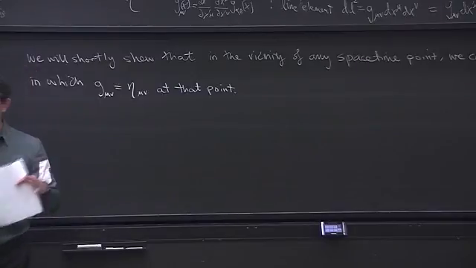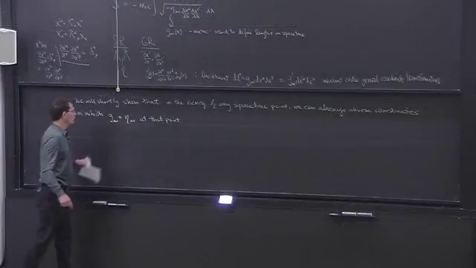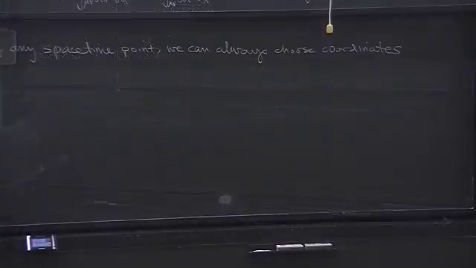So you've got this huge freedom to choose coordinates, x prime of x, and you can always use it so that at a point, the metric is just the Minkowski metric, eta mu nu.